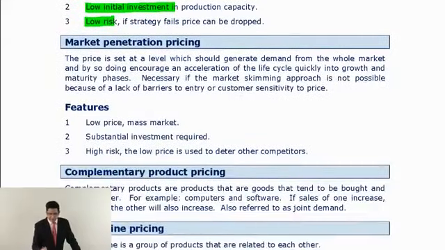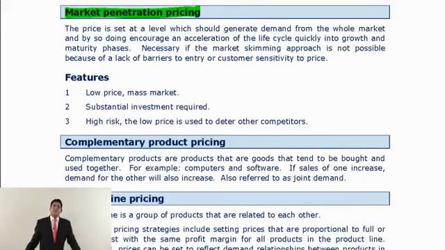Market penetration, which is the second approach. Market penetration pricing is when the price is kept slightly low to start with, because the aim is not to make all the money to start with. The aim is not to make a large profit at the beginning.